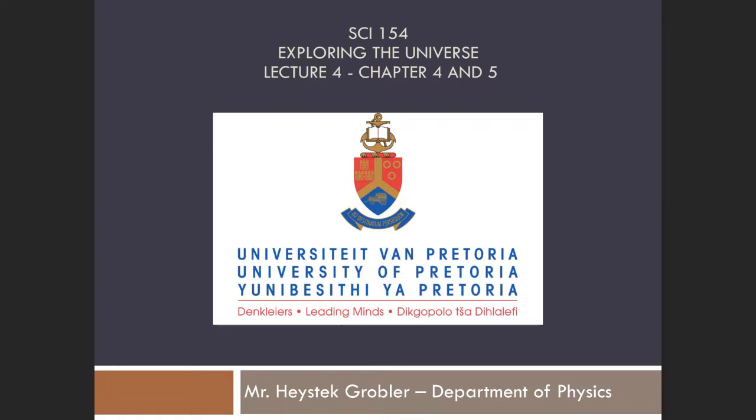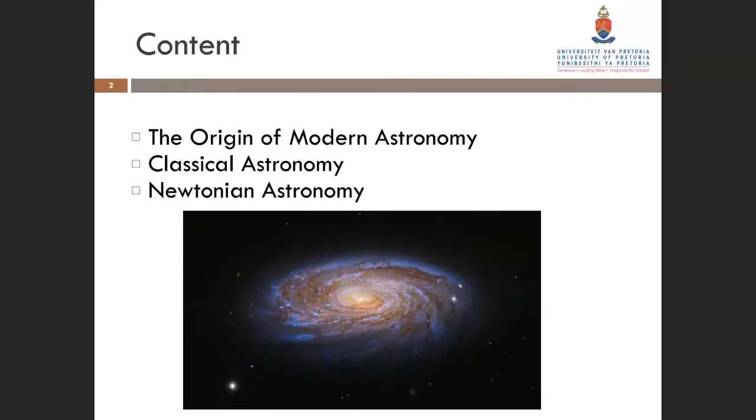So for tonight's lecture, we are going to look at chapter 4 and chapter 5. In chapter 4 and chapter 5, we are going to look at the origin of modern astronomy, classical astronomy, and Newtonian astronomy. So what do you think is the difference between these three?